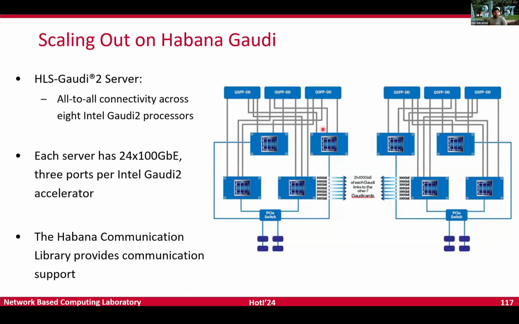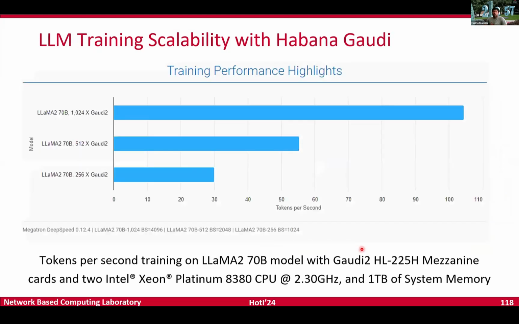Using this, you are able to interconnect a lot of these Habana Gaudi chips with a rich intranode or internode interconnect. If you look at the Voyager system at the San Diego Supercomputer Center, that is one such system with a lot of these Habana chips, particularly meant for AI training. Just like NVIDIA had NCCL, AMD had RCCL, Habana has their own collective communication library called HCL or HCCL.